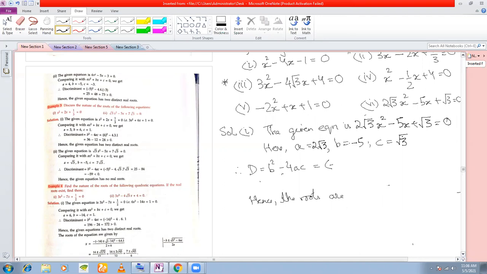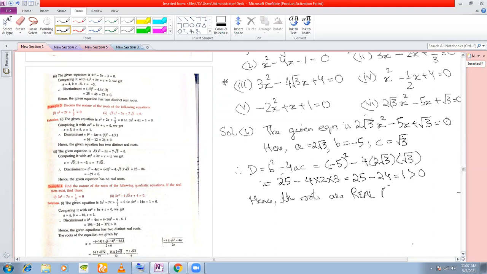So b square, minus 5 square, minus 4 into a is 2 root 3 and c is root 3. You get 25 minus 4 into 2 into root 3 into root 3 is 3. You get 25 minus 24, which is equal to 1, which is greater than 0. We say roots are real and unequal.